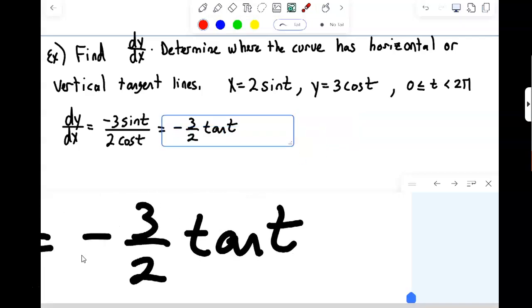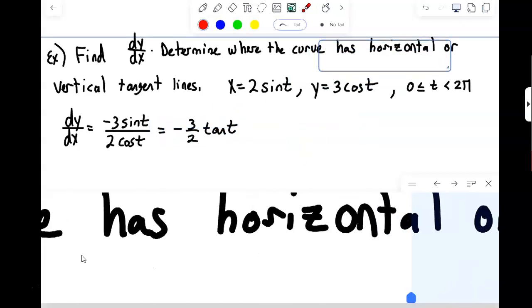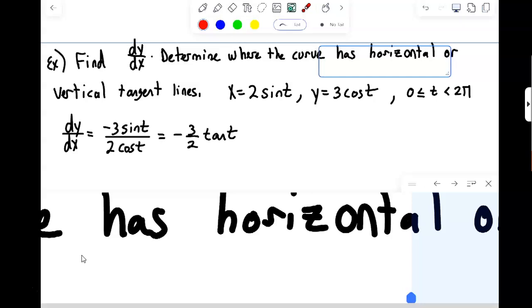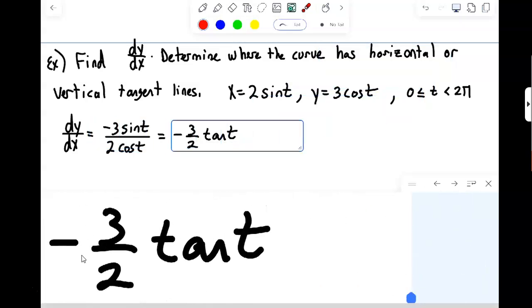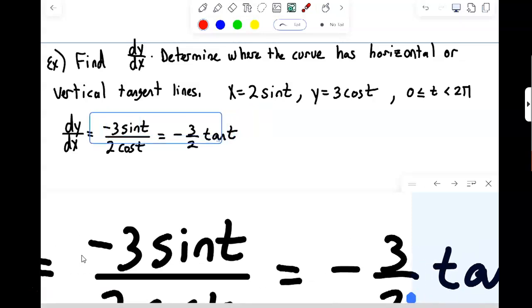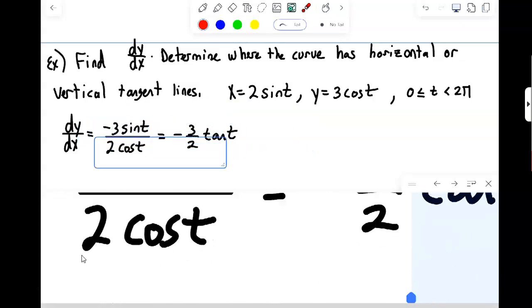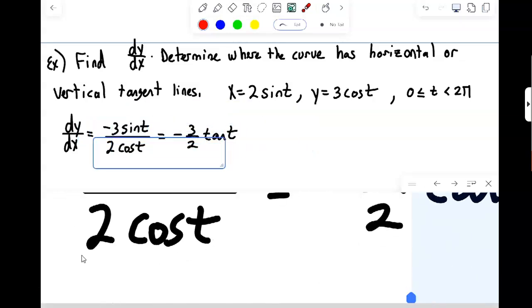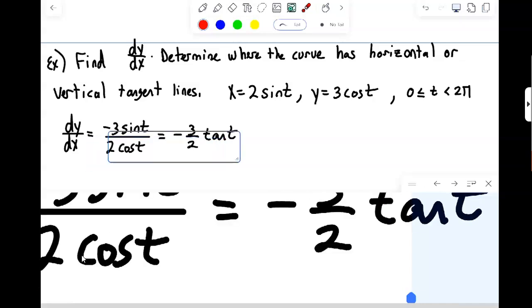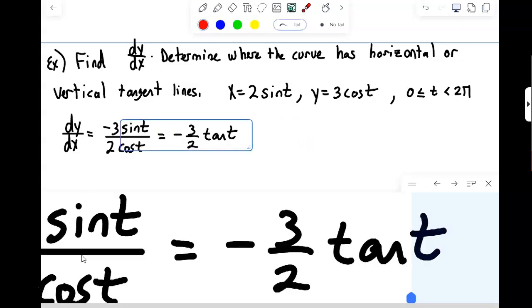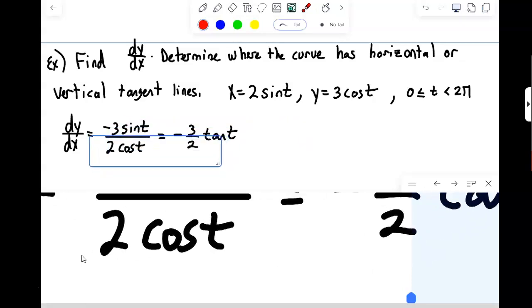So now we ask the question, when would this thing have a horizontal tangent line? Well, it would have a horizontal tangent line when tangent is 0, or alternatively, when the numerator of that fraction is 0. It will have vertical tangent lines anytime the denominator is 0, or alternatively, when tangent's undefined, or when cosine is 0.